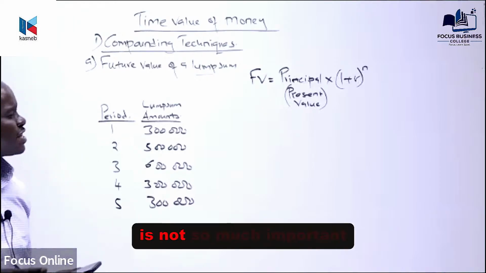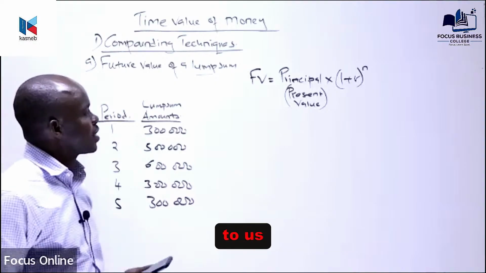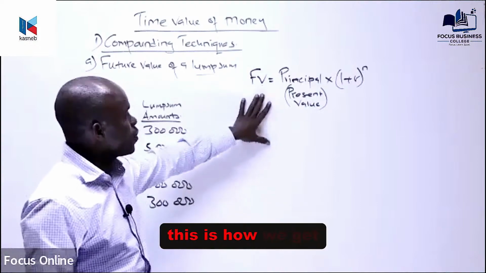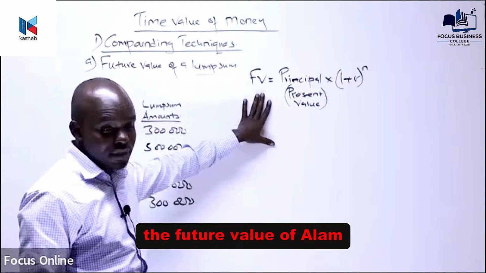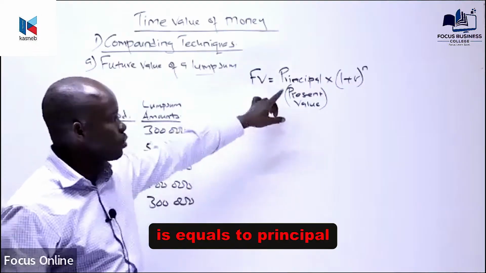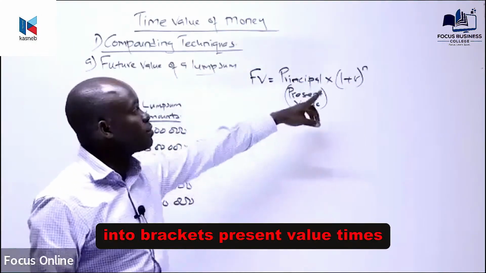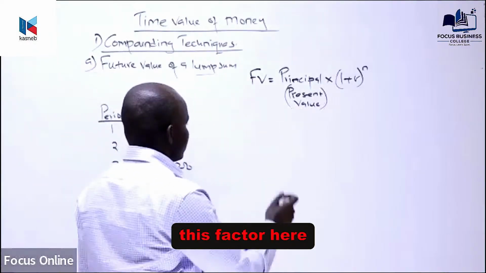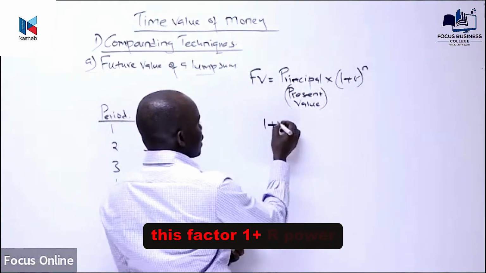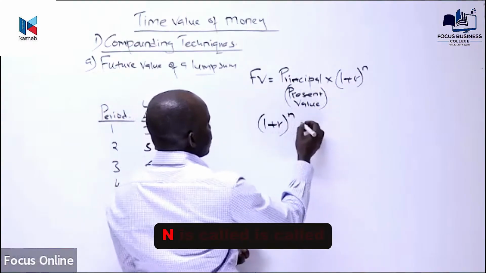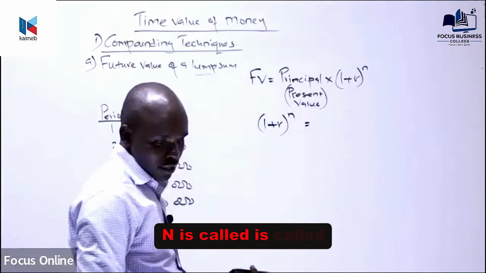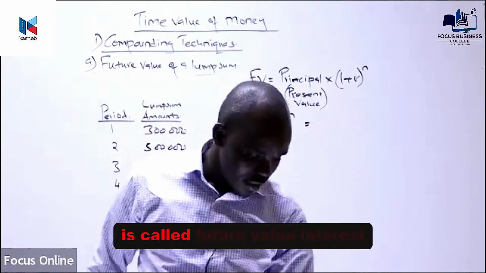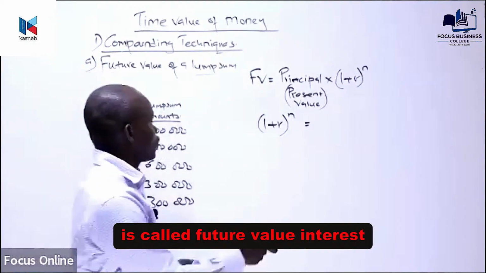How it is derived is not so important to us. The most important thing is this: this is how we get the future value of a lump sum. Future value of a lump sum is equal to principal, into brackets, present value times 1 plus r power n. This factor, 1 plus r power n, is called what?